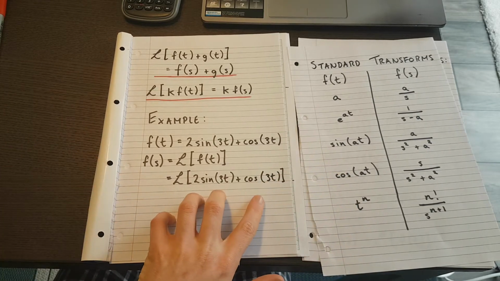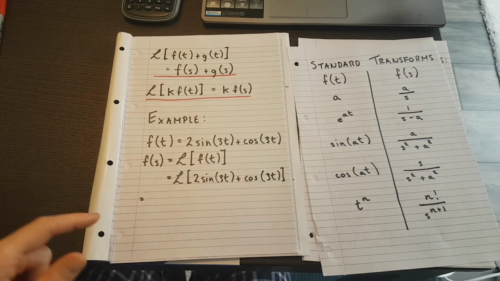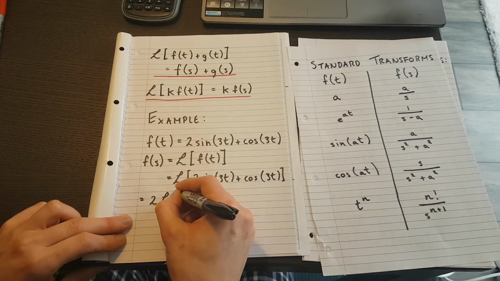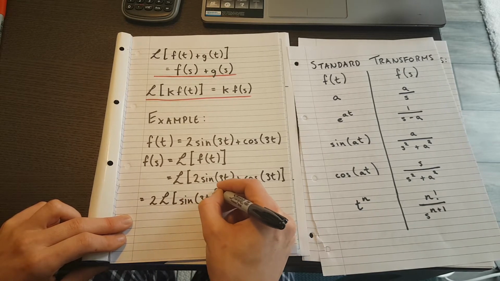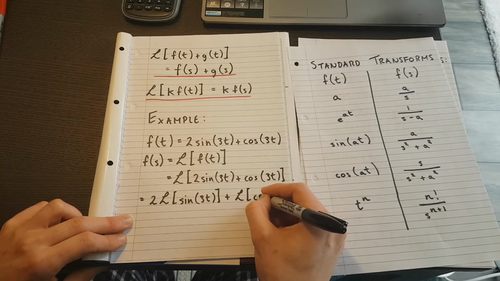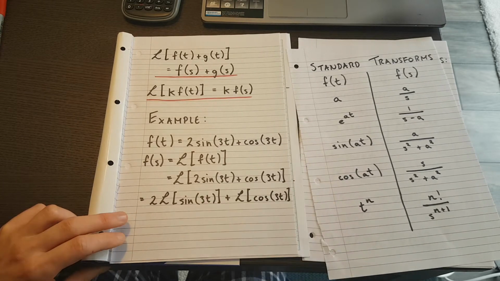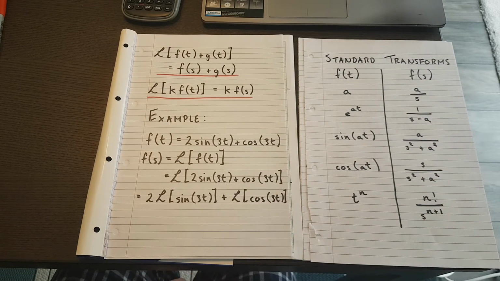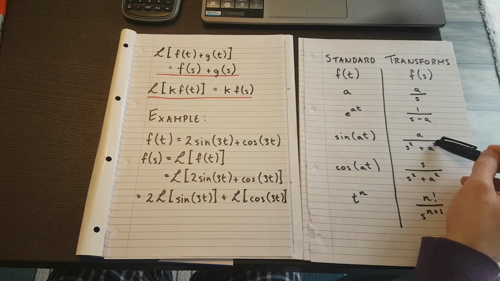And we said that I was allowed to break this up, and the way that I can do that is I can break up the sum and take out the constant multiple. So this is 2 times the Laplace transform for the sine of 3t, plus the Laplace transform for the cosine of 3t. That's all I need now to be able to consult my standard table here. The Laplace transform for the sine of 3t, I get from this one here.